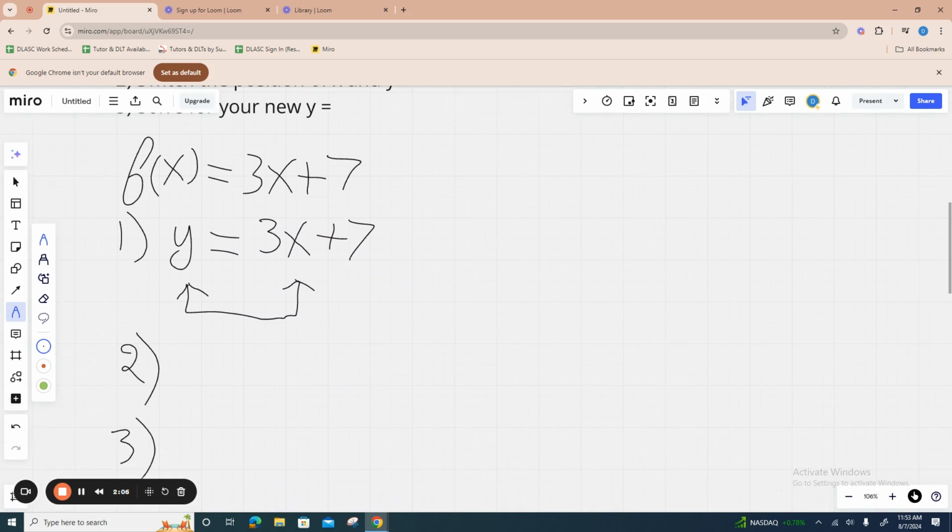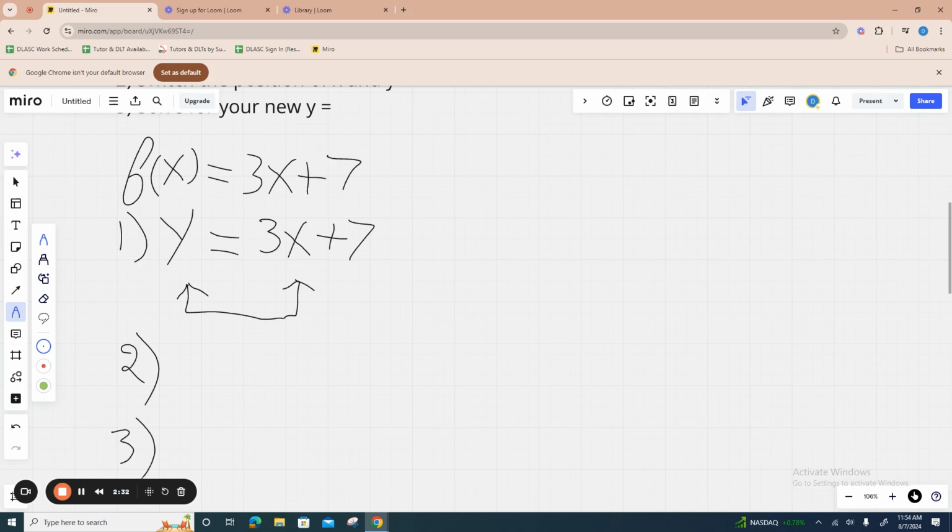And you see I already did the first step to get us started. Y is equal to 3x plus 7. What did I do? I replaced the f of x with a y, just to maintain the same y that I had. Now you see that I drew the arrows for the second step.